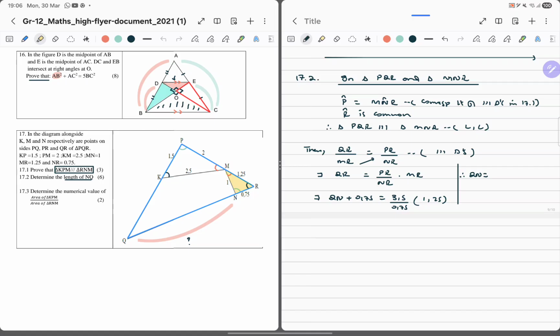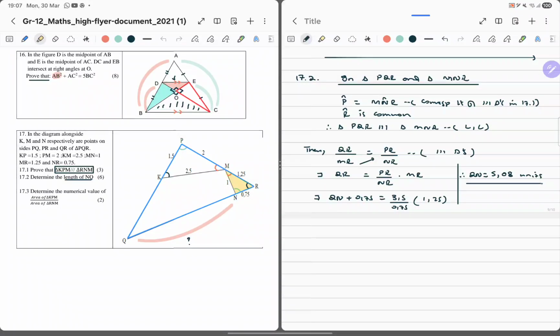And then this gives us an answer of 5.08 units. Because we were not told if this is meters or what, we're just going to say units.